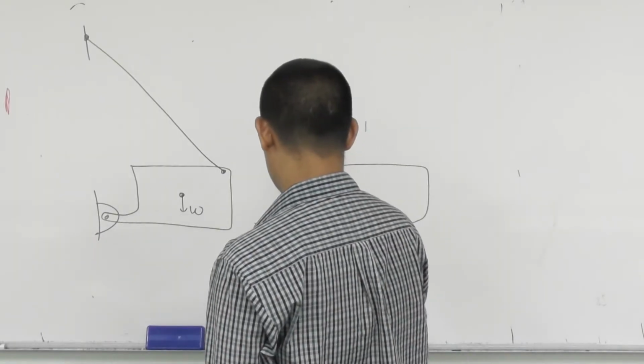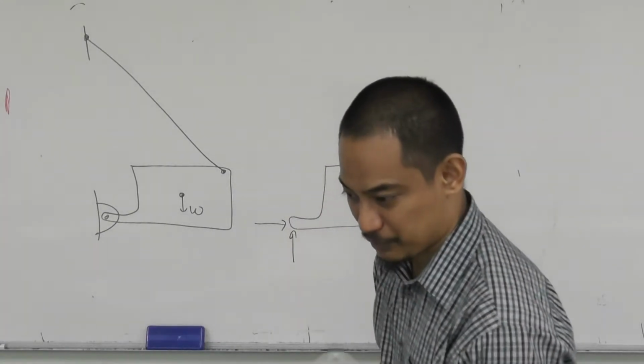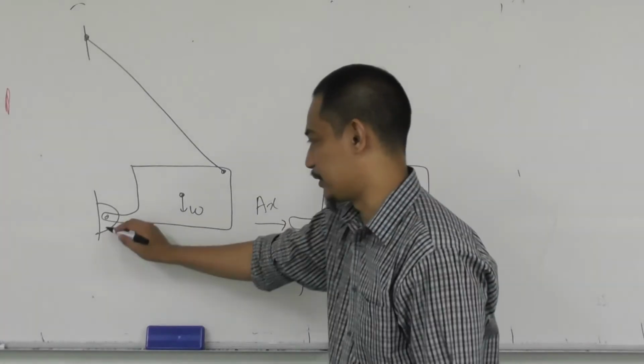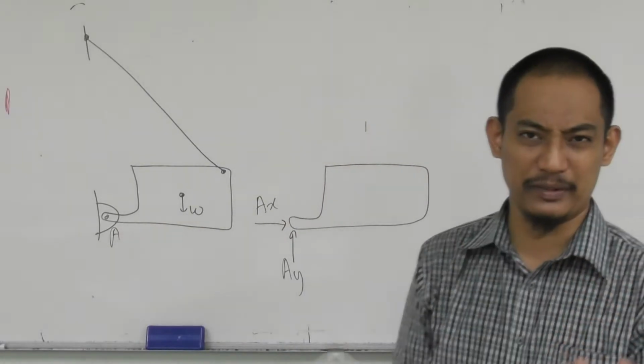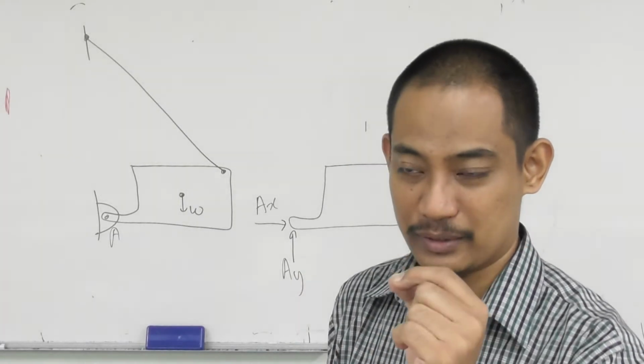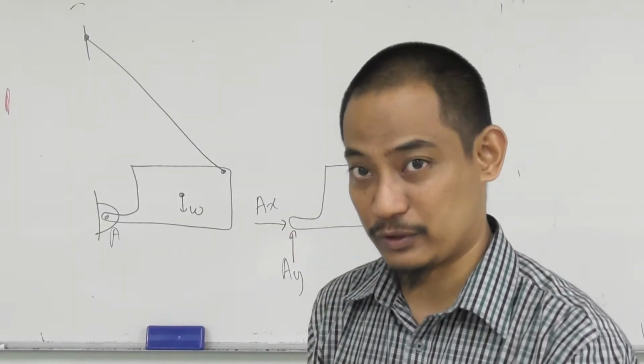In this case, what is the point? This is point A, so you have AX and AY. That's how you label it: AX, AY, BX, BY, the X component and Y component.